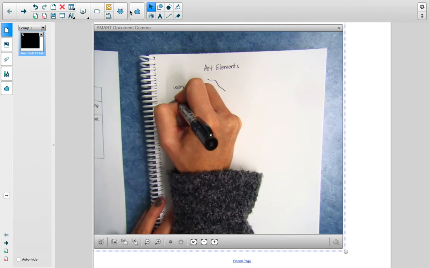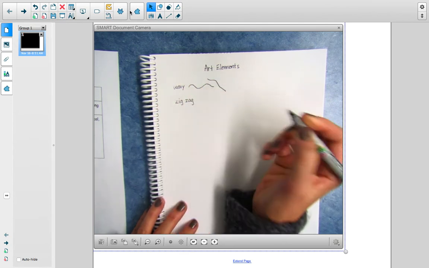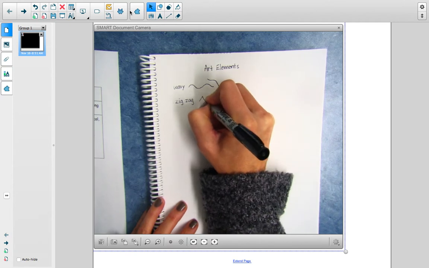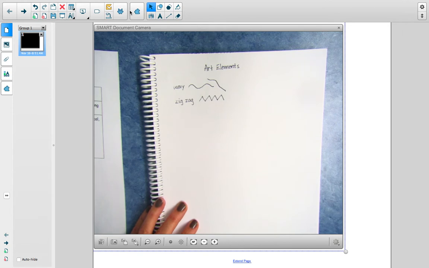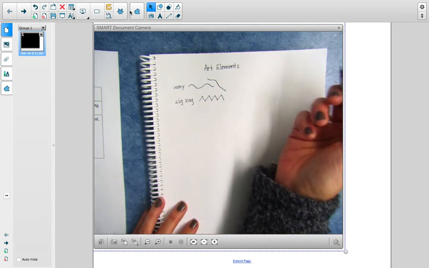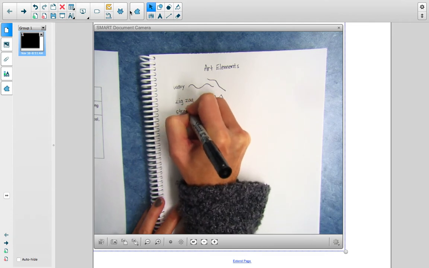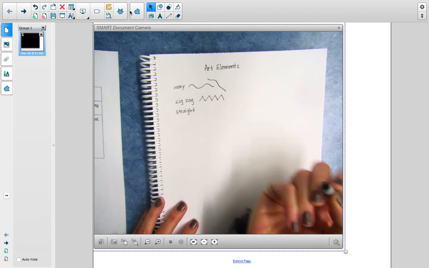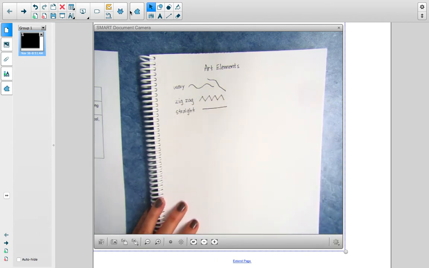The next one is zigzag. So zigzag like a zipper. Again, could be in any direction. Looks like mountain peaks. If there is a straight line, I think we know what a straight line is. Just straight across in any direction.